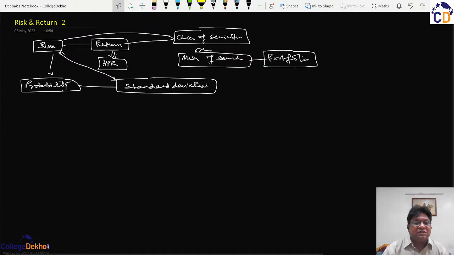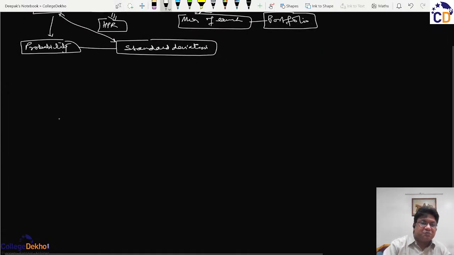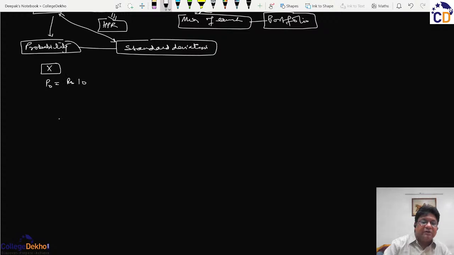Probability, as you all understand, denotes a chance of the uncertainty, negatively or positively, that is what you anticipate. Let me explain with an example. Suppose we chose a security X and the current price of the security is, let's say, ₹10. What we anticipate by investing ₹10 in the security is either the dividend or the increase in the price of the share.